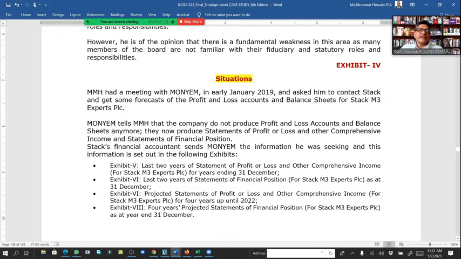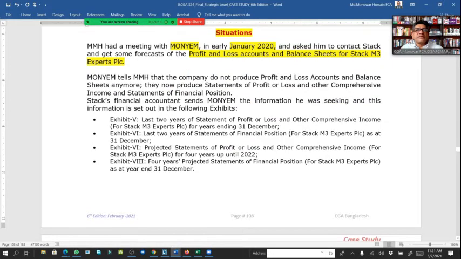Why are we doing this here? MMS had a meeting with Munim, who is the Director of Finance, in early January, and asked him to contact another company to take the profit and loss of M3 Expert PLC. Munim tells MMS that the company does not produce a profit and loss account and balance sheet anymore.